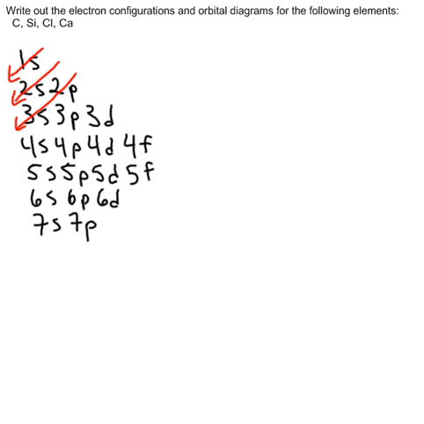So you start with 1s, and then you move to 2s, and then 2p, 3s, 3p, 4s, 3d, 4p, 5s, 4d, 5p, 6s, 4f, 5d, 6p, 7s, and then 5f, 6d, 7p, and that covers the entire periodic table. So as you're filling in the next energy level, you just follow the arrows. When you get to the end of one arrow, you start at the beginning of the next arrow.